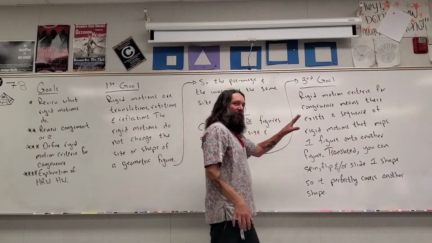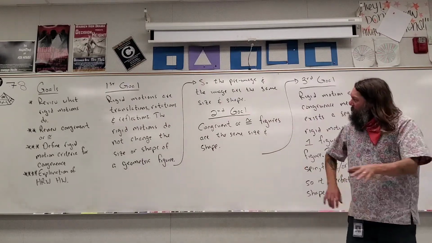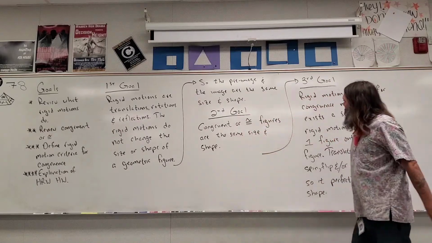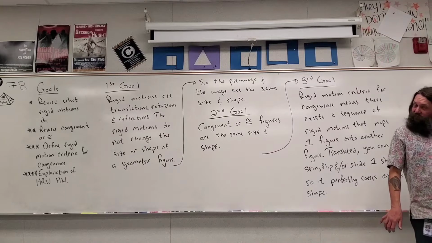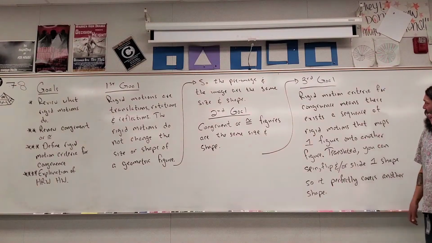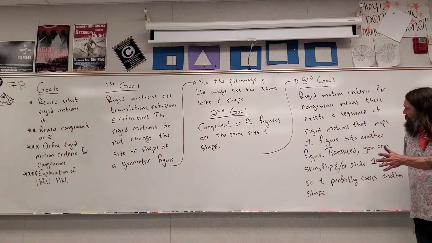And so right here I'm saying that we're putting these together. The criteria for congruence with rigid motions means that there exists a sequence of rigid motions, right? So you can translate, rotate, or reflect one object, or a sequence, multiple moves, to get one object to map onto another object.